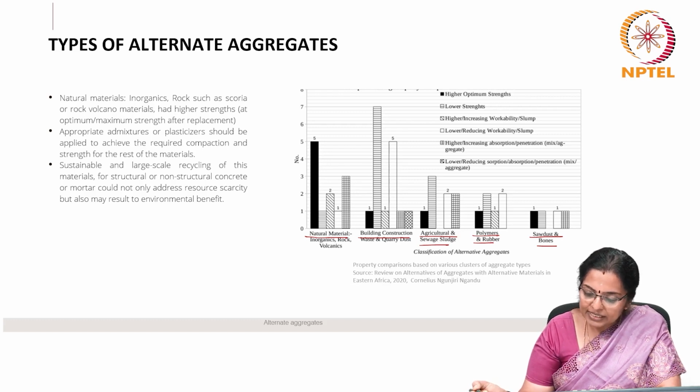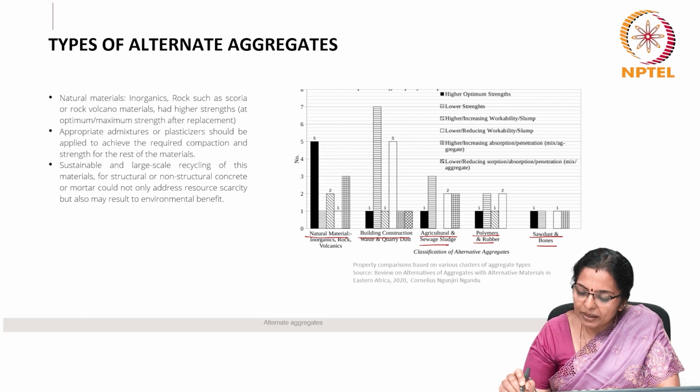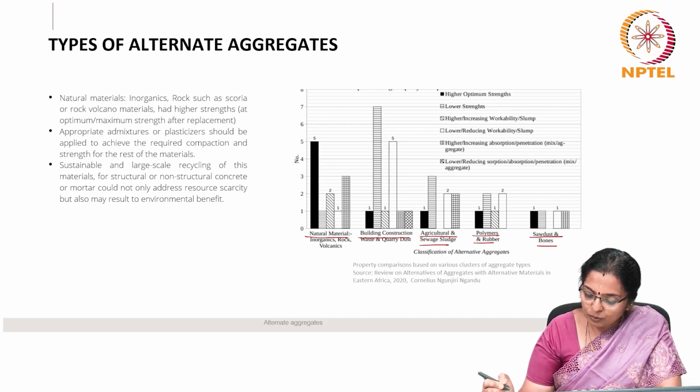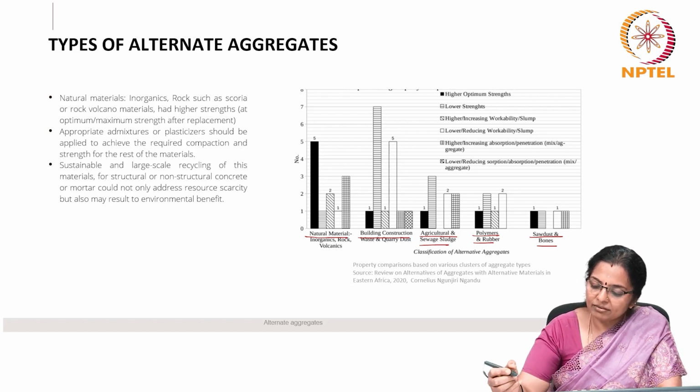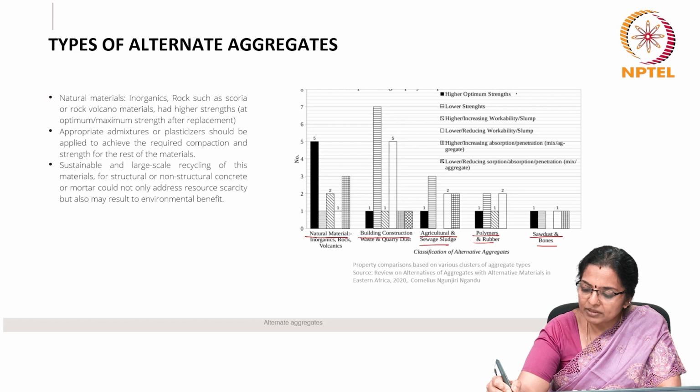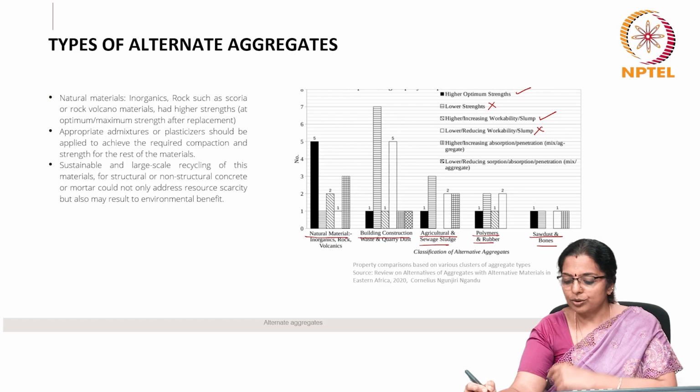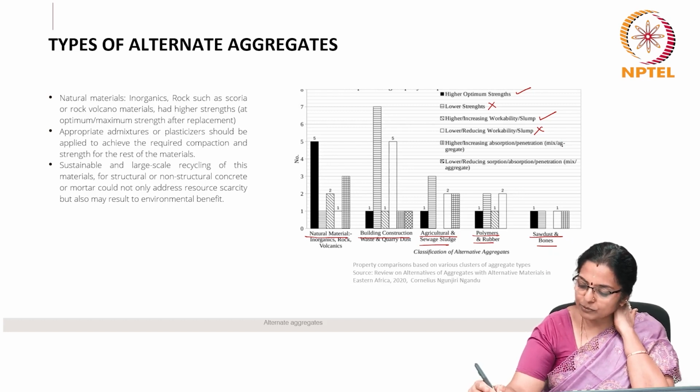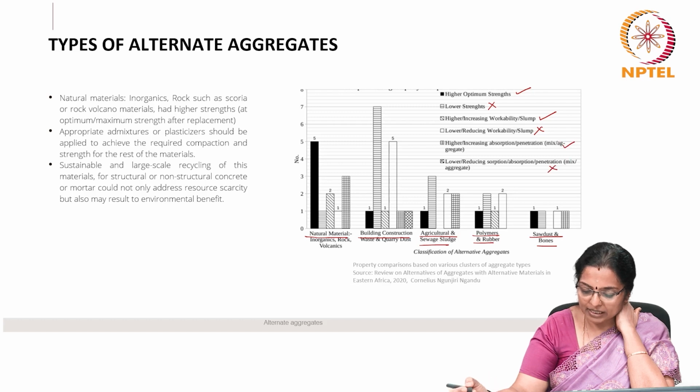So we can see that the best case scenario when we use alternative building material must have higher optimum strength, should not have low strength, should have higher or increasing workability, must not have lower workability, should have higher or increasing absorption or penetration, must not have reducing penetration.